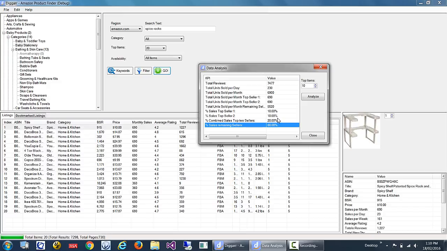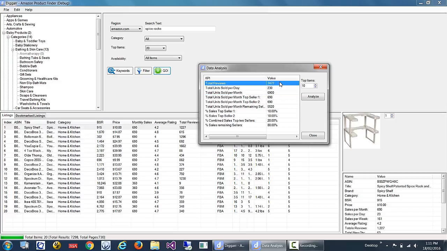So if you're looking for a reason to go into this market, these are the key performance indicators, or KPIs, that you need to look at. The first one is how many sales are happening per month, and these need to be greater than 3,000. So the first check is yes, this passes.